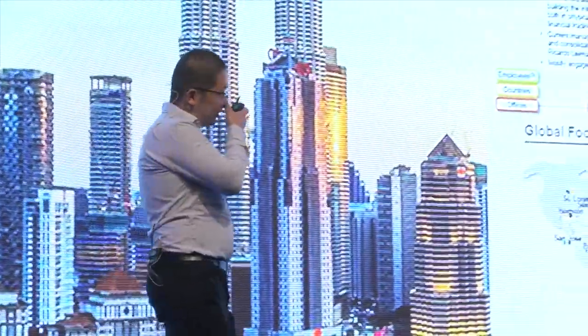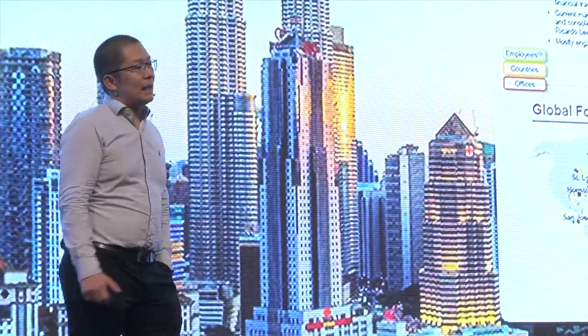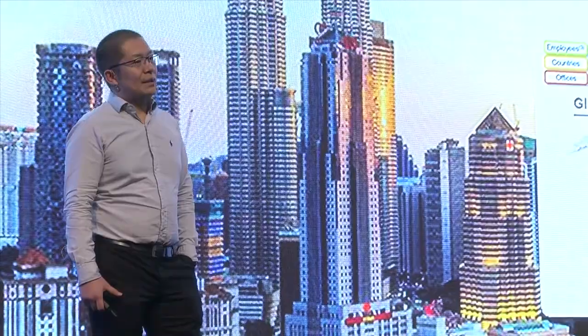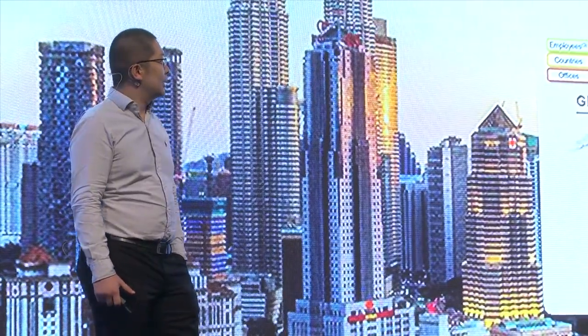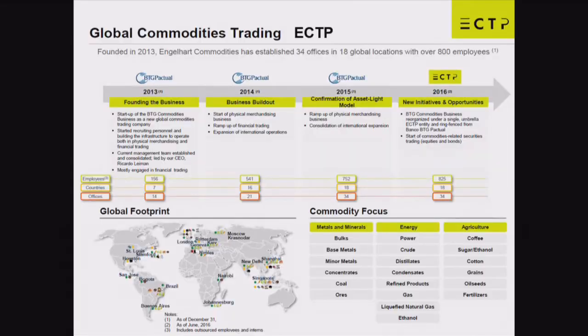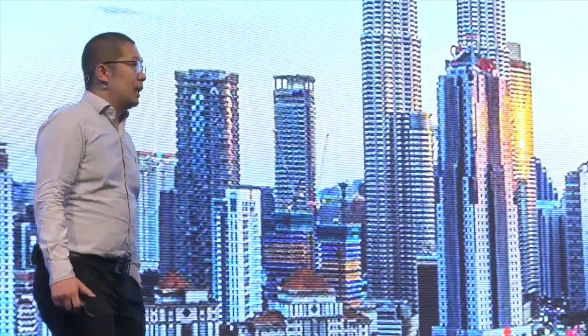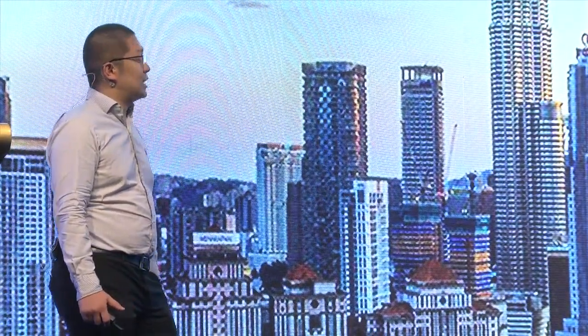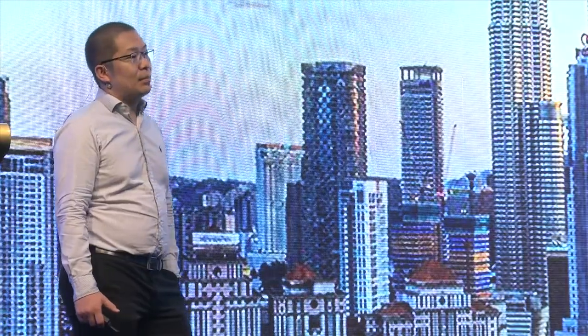First of all, very briefly, let me introduce my company. Maybe many of you haven't heard about ECTP, Engelhart Commodity Trading Partners. We founded our business in 2013, starting under the name BTG Pactual Commodities, the commodity division under the BTG Pactual Investment Bank in Brazil.